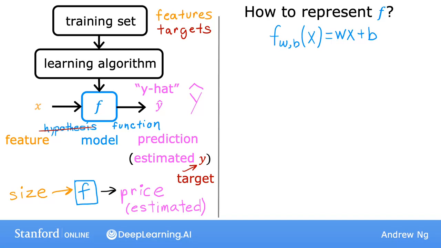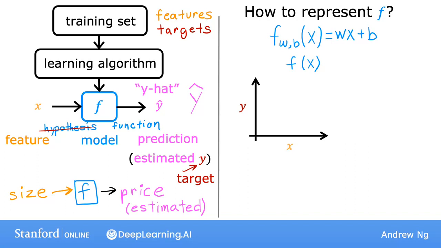As an alternative to writing this f_w,b(x), I'll sometimes just write f(x) without explicitly including w and b in the subscript. It's just a simpler notation, but means exactly the same thing as f_w,b(x). Let's plot the training set on the graph where the input feature x is on the horizontal axis and the output target y is on the vertical axis.